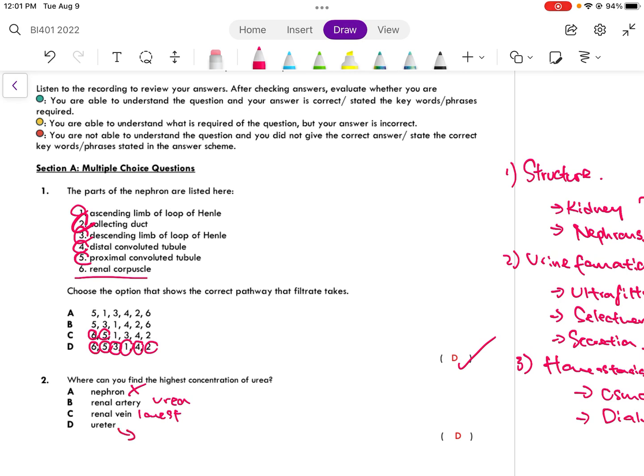It's actually the ureter, because the ureter is where all the millions of nephrons funnel via the collecting duct into the renal pelvis and into the ureter. This should be where the concentration of urea is the highest, not the blood. Yeah? So the answer is D.